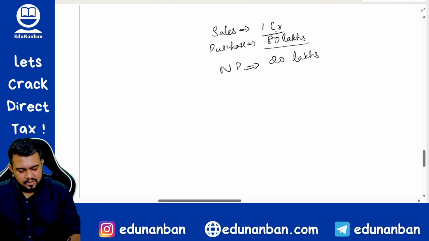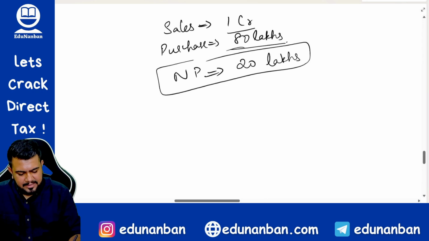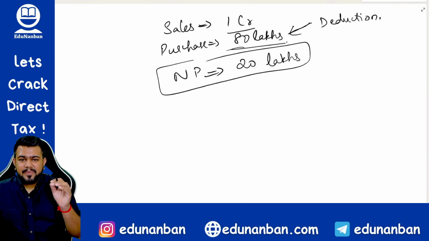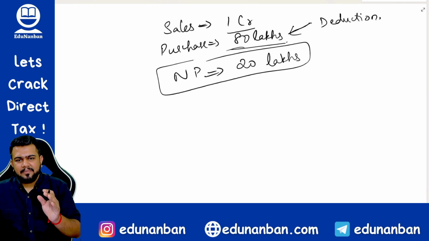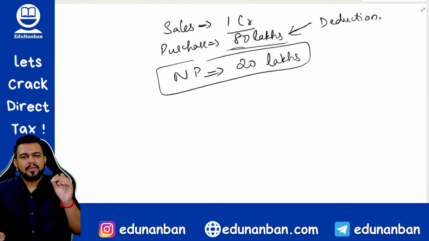What is this purchase? This purchase is a deduction. Deduction means the expenses that you can claim against the income, you can reduce it from the income, and finally the net income is only going to be taxed.